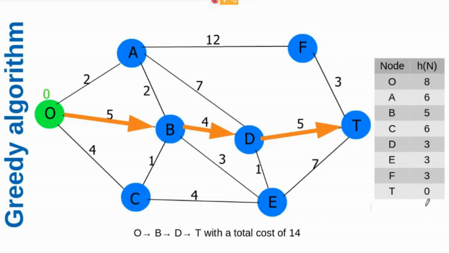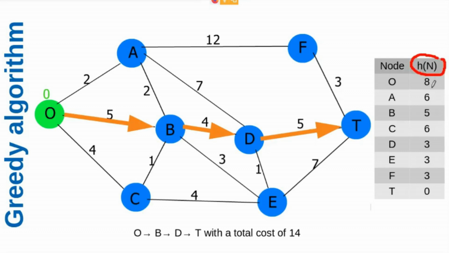The first method is the greedy algorithm. Remember, we start in the origin, and we have some neighbors of this node. We consider these neighbors, but only on heuristics.